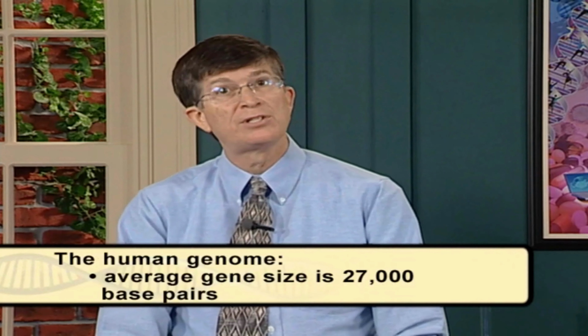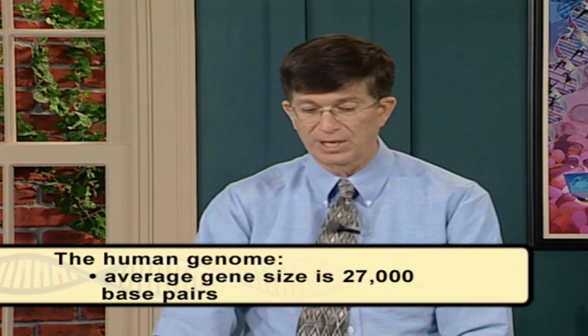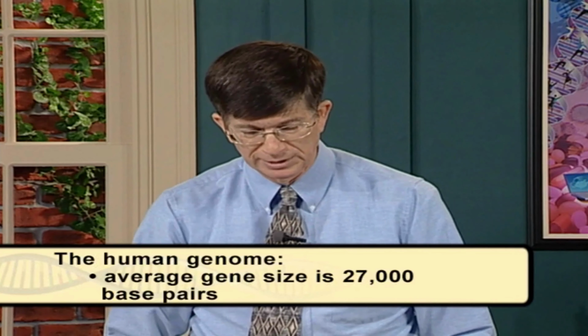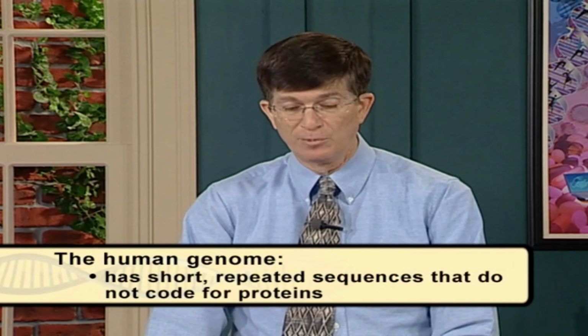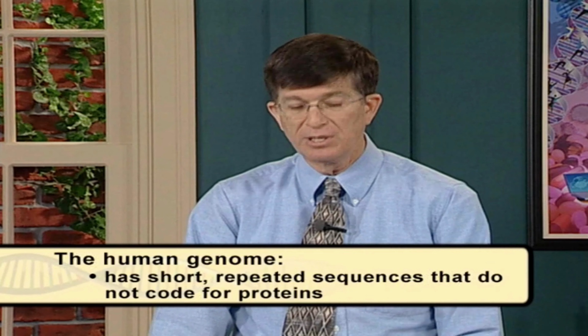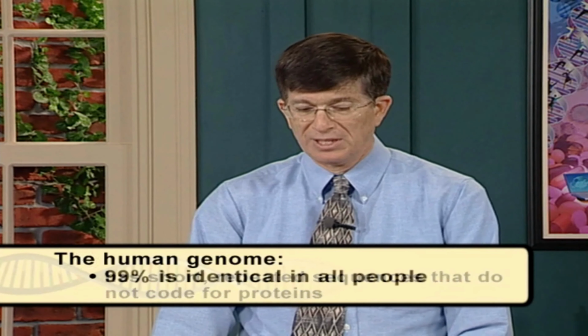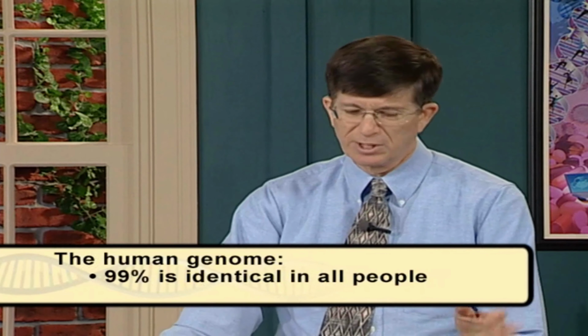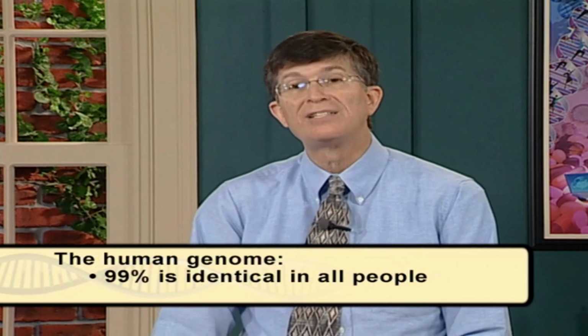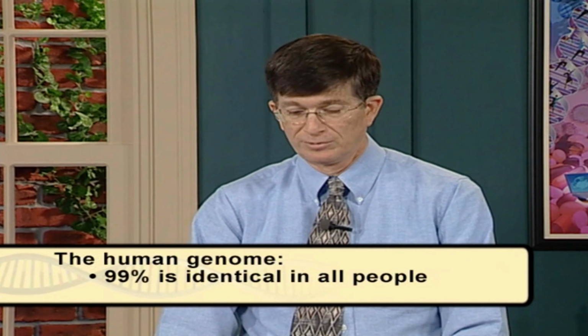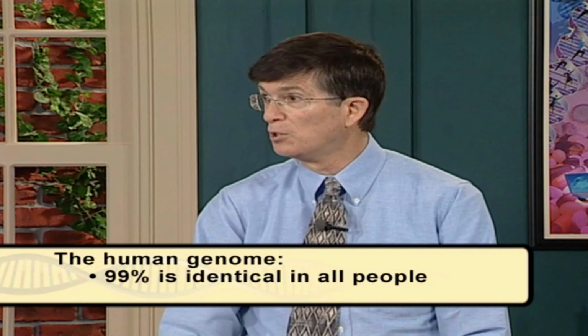The average gene size in protein coding is 27,000 base pairs, including the promoter. Over half of the human genome has short, repeated sequences that don't code for proteins. 99%, give or take, of the human genome is identical in all people. 1% is different. Look around the room where you are.